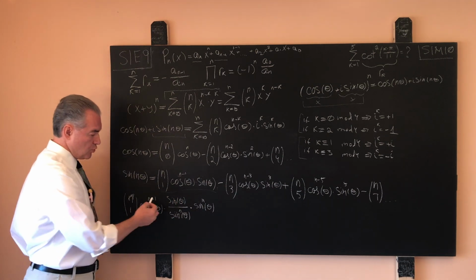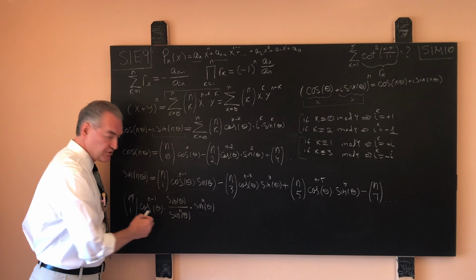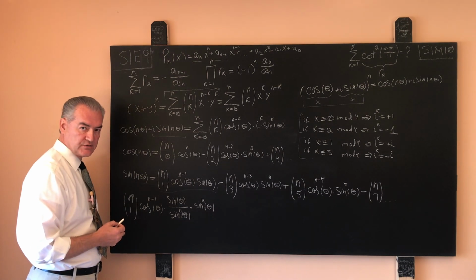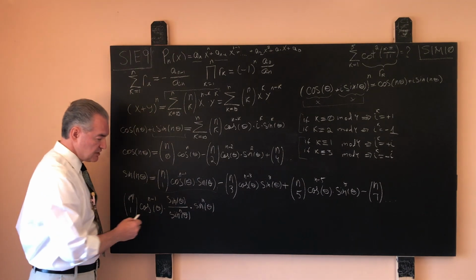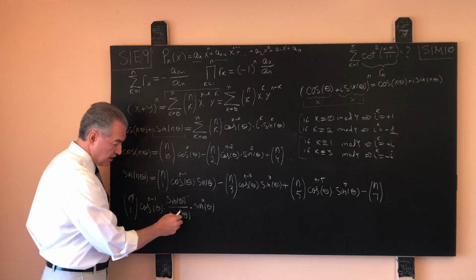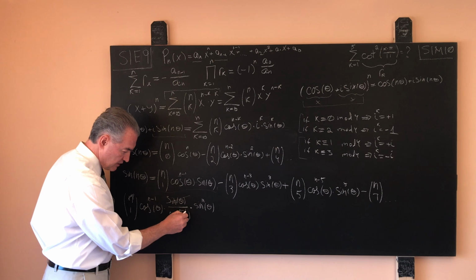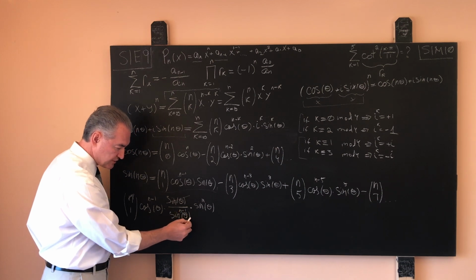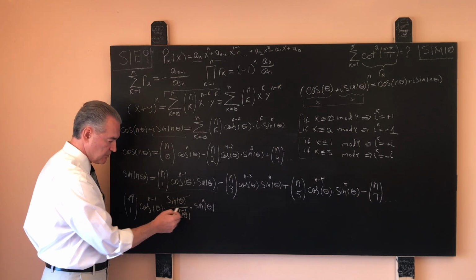However, what advantageous situation do we have now with this summand? Well, if we cancel this sine in the numerator and borrow it from here, the power of this sine will become n minus 1.